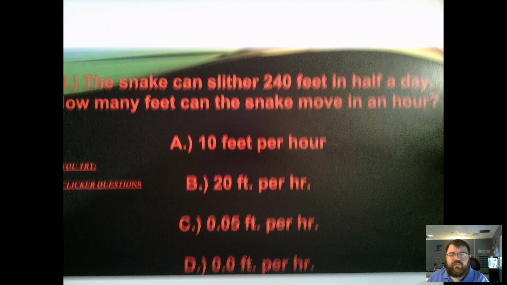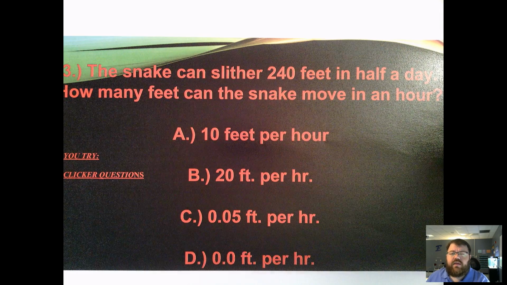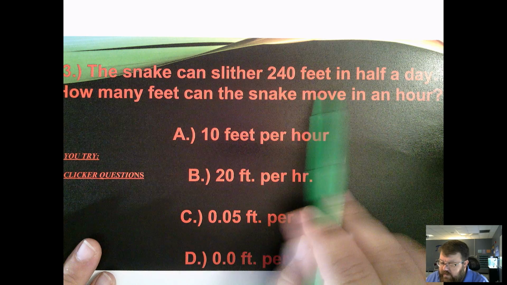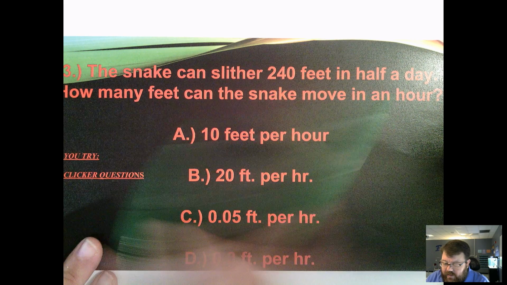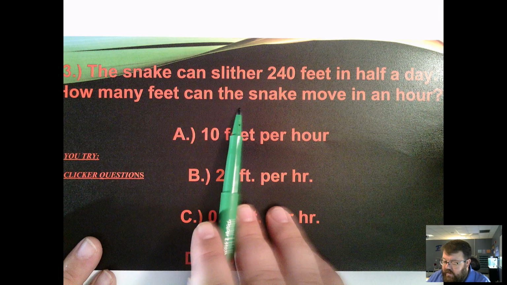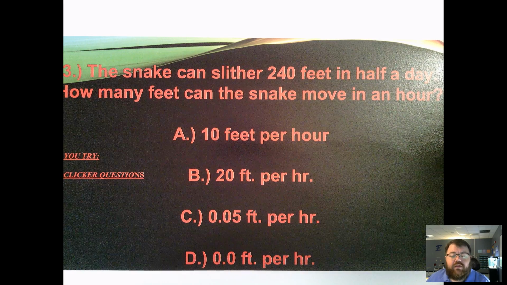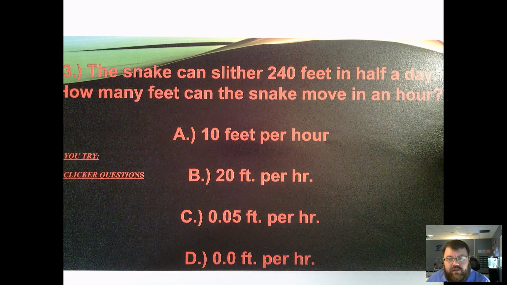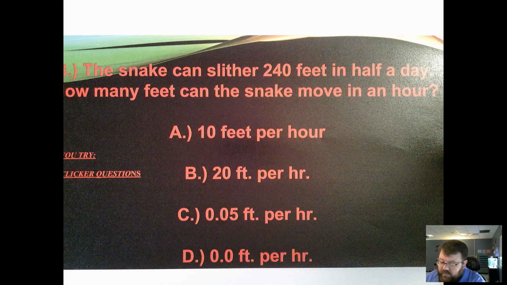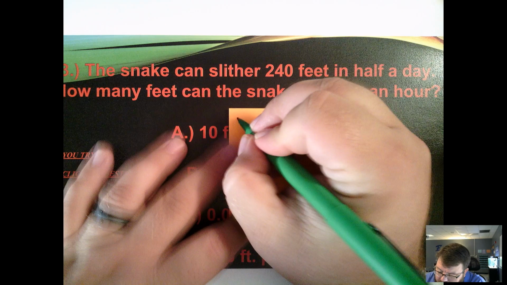Number 3. Number 3 says a snake can slither 240 feet in half a day. How many feet can the snake move in an hour? Let's pause the video, work the problem out, and solve it. Okay, so we have 240 feet.